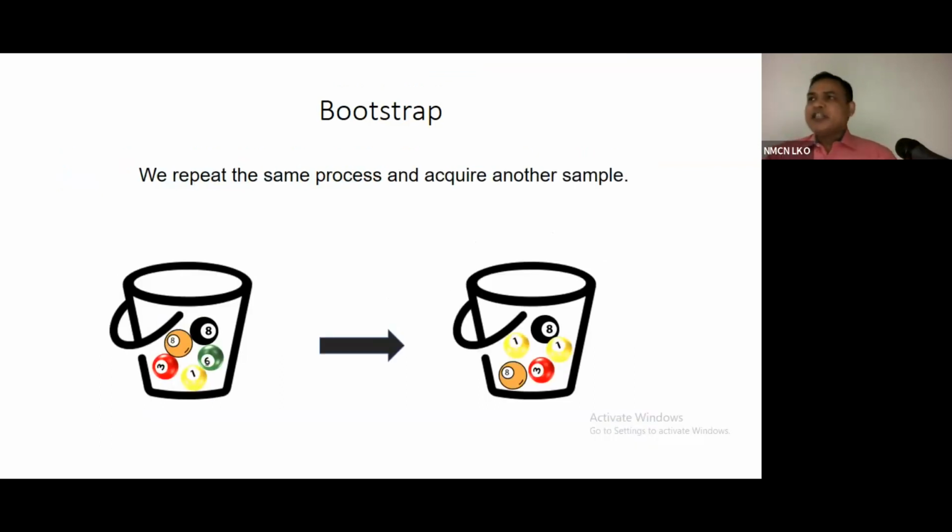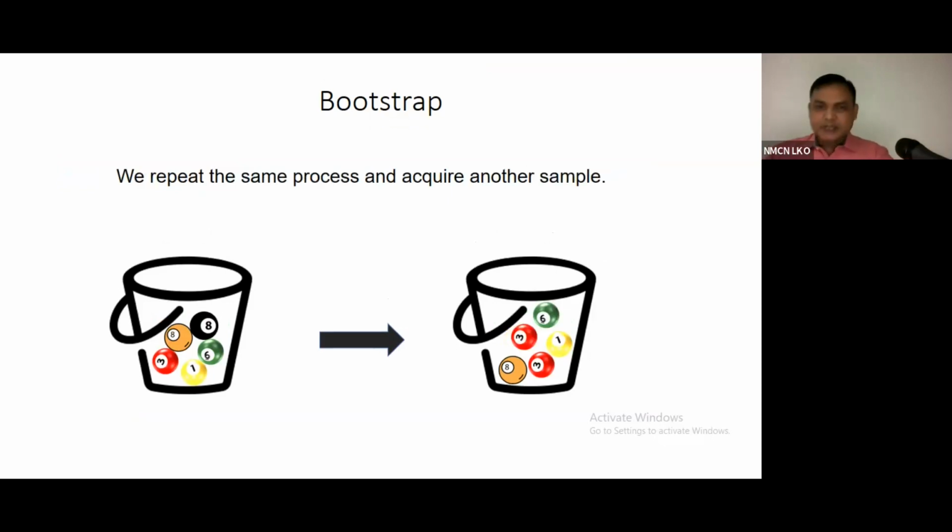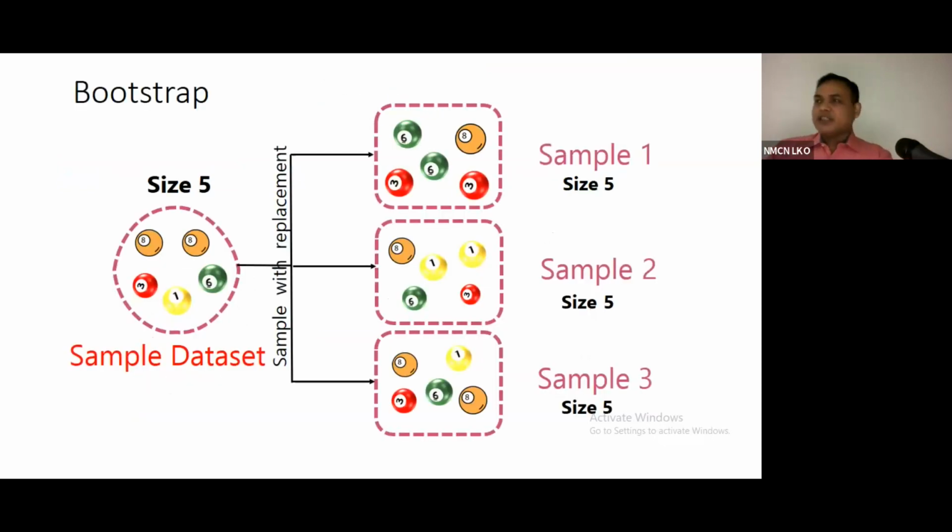We can repeat this process as many times as the number of samples we want to generate, like 100, 200, 300. This way we can generate various samples of the same size.